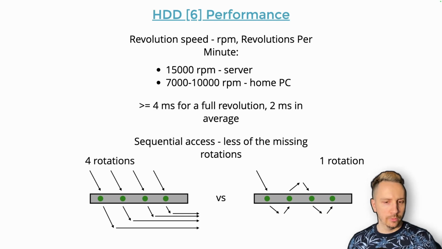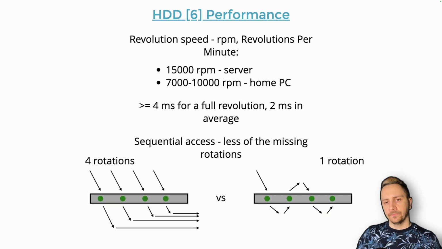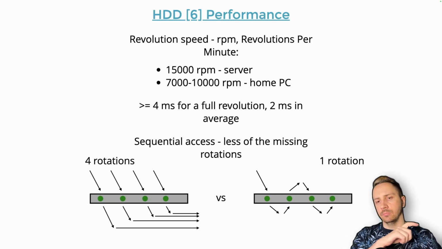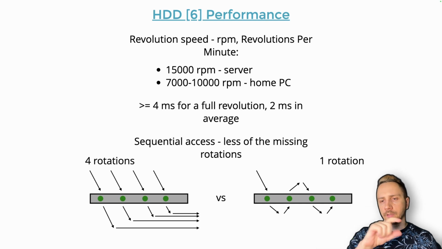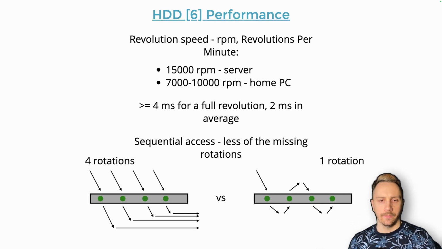But if you find a way to reorganize your reads or writes in a way that you read a bunch of data in a row or write a large blob of data in a row, not in different random places, then you might do it in one rotation. Imagine you wanted to write 100 records of whatever.